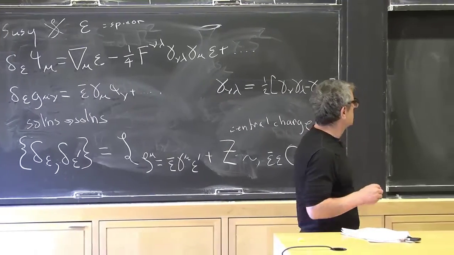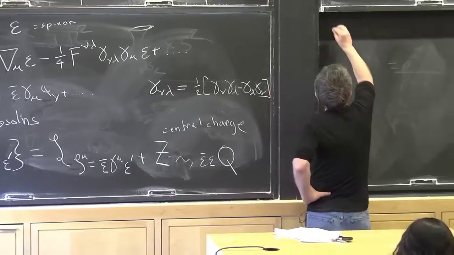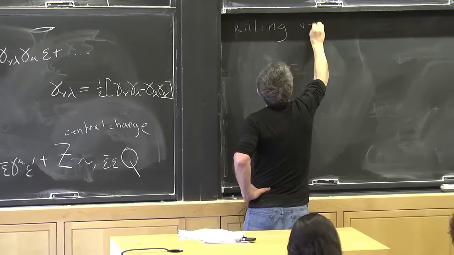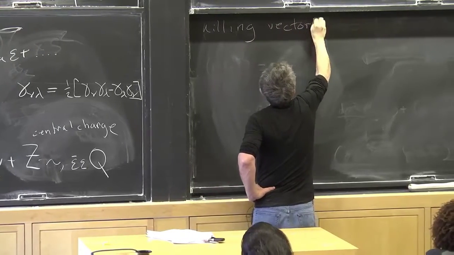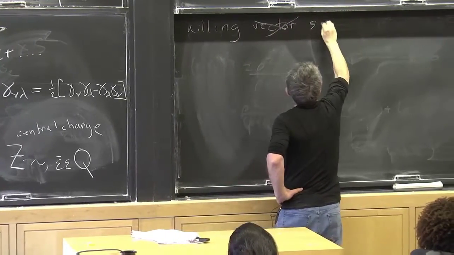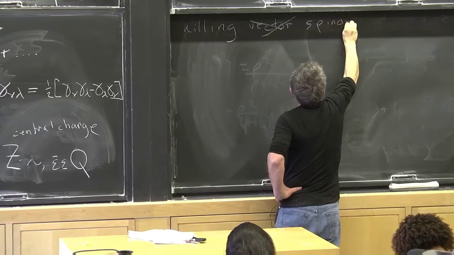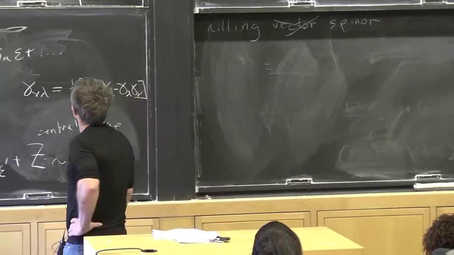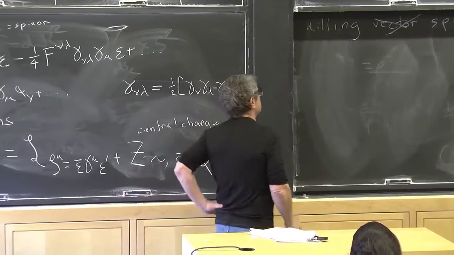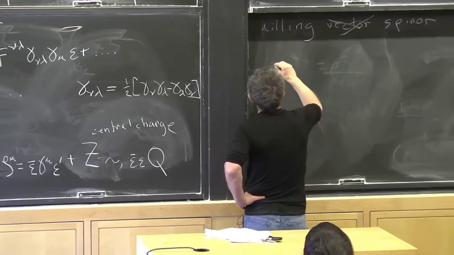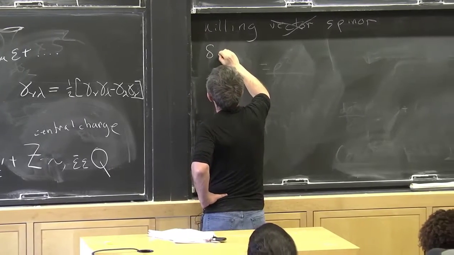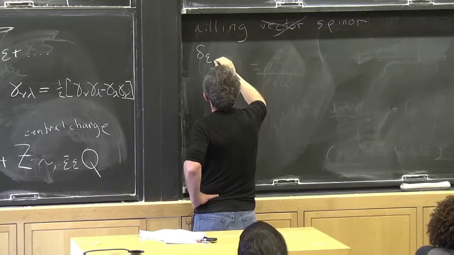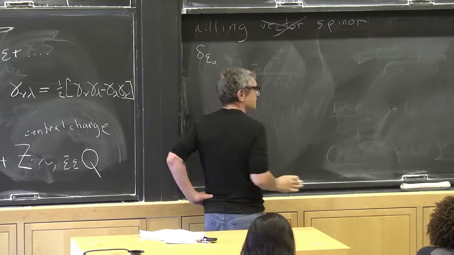Okay, so instead of a killing vector, we now have a killing spinor, and we define it in exactly the same way. We would say a killing spinor epsilon, let's call it epsilon naught, a particular spinor.